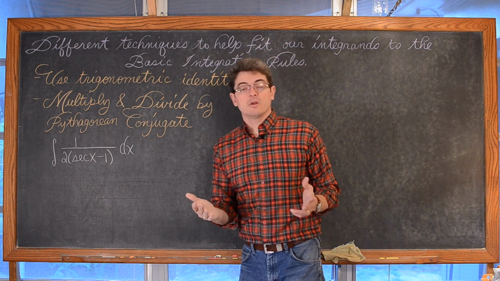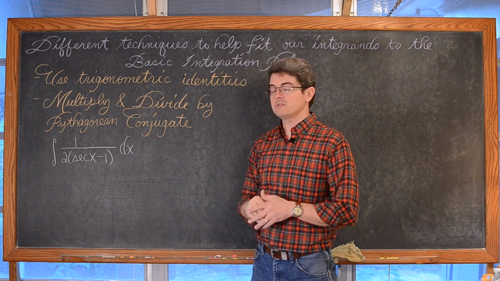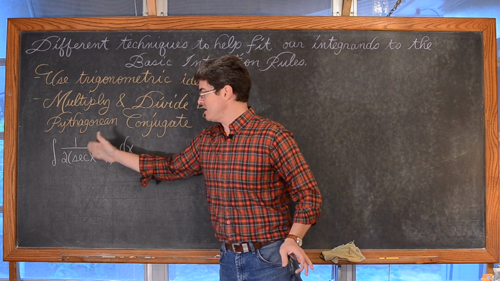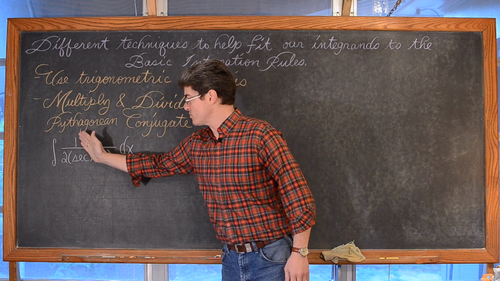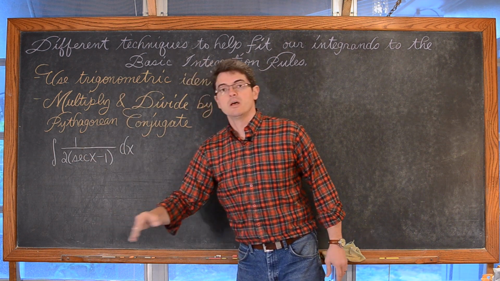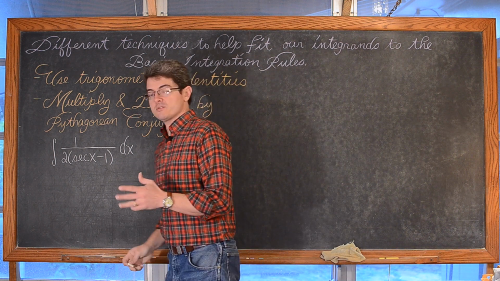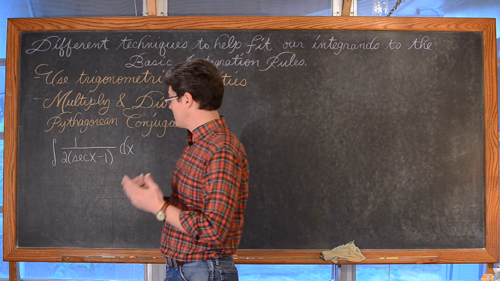Now I've got some nice integration rules that do sine and cosine, and secant is 1 over cosine, but I can't just flip that up because, again, it's not just secant of x, it's 2 times 1 over 2 times secant of x minus 1. So we are going to rewrite this to be in terms of cosine, but we're going to have to go through a common denominator process.